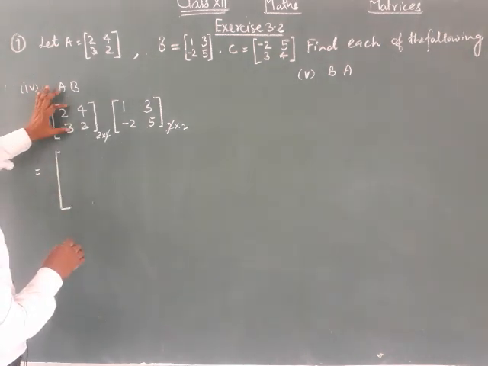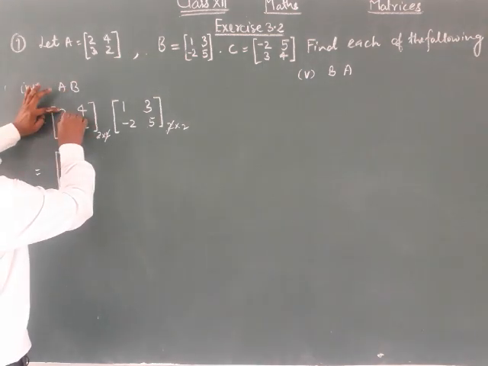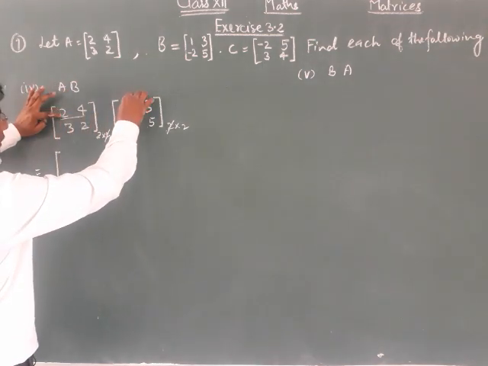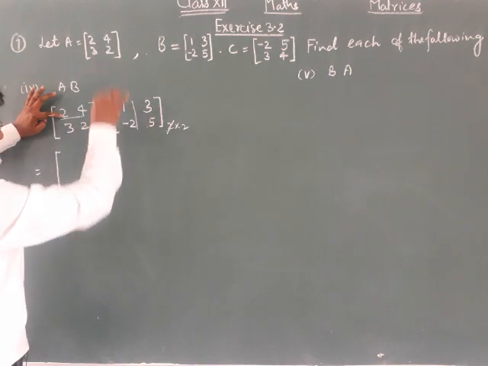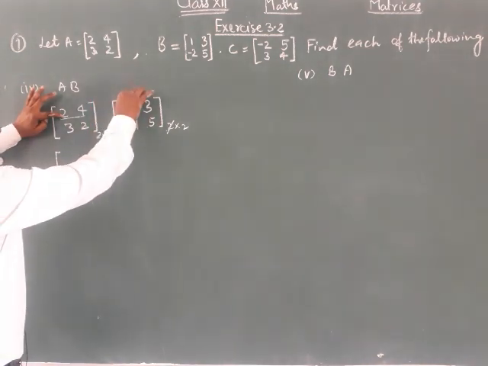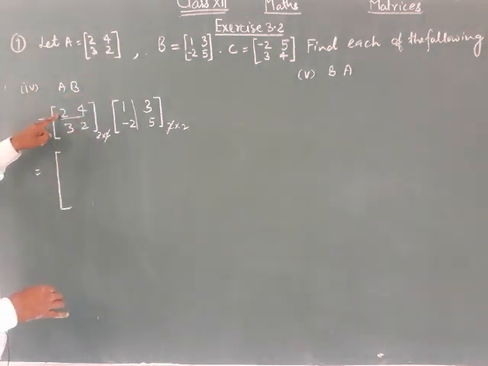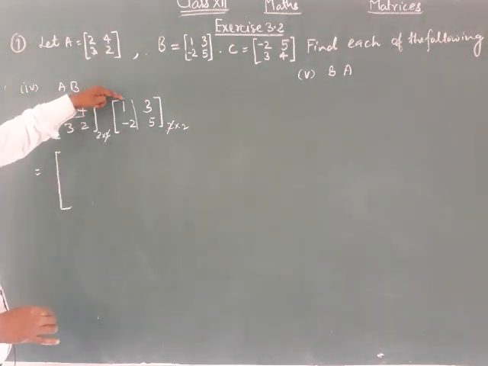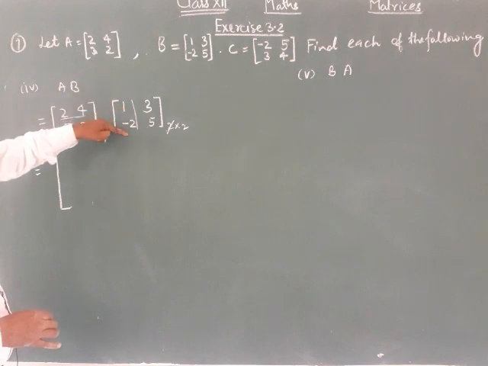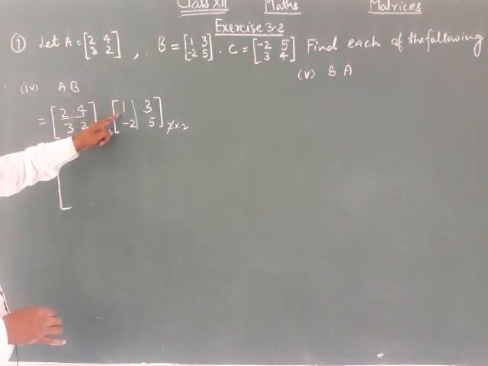So for the first matrix, take a row, and for the second matrix, take a column. Multiply the corresponding elements and add.